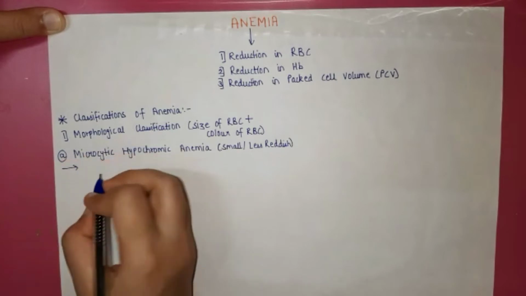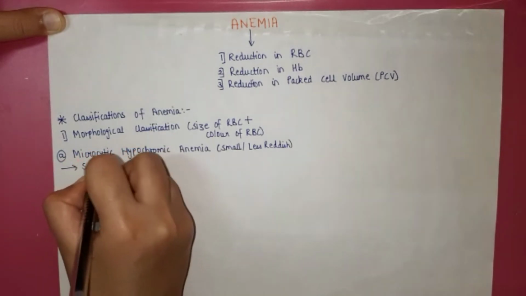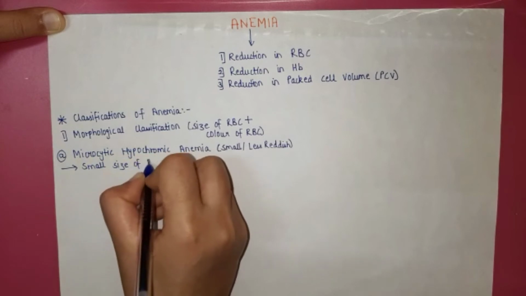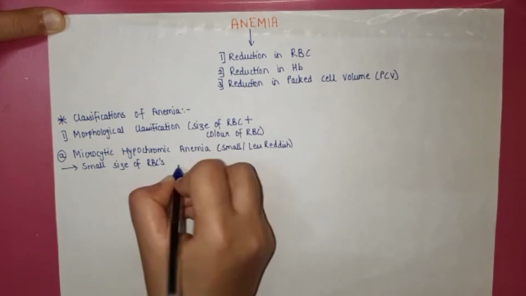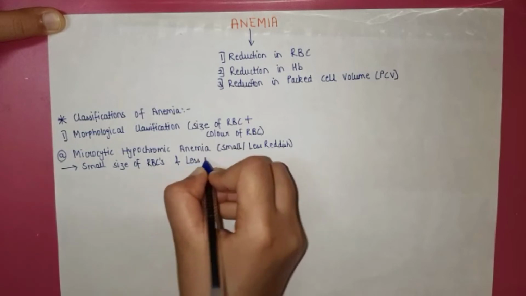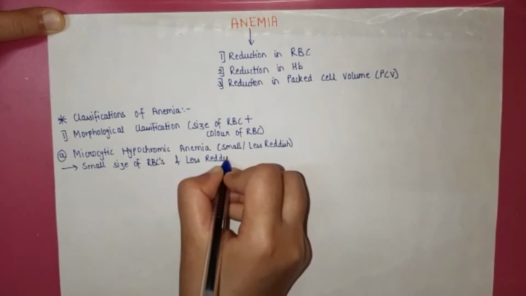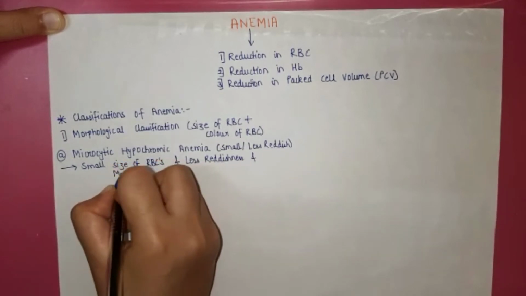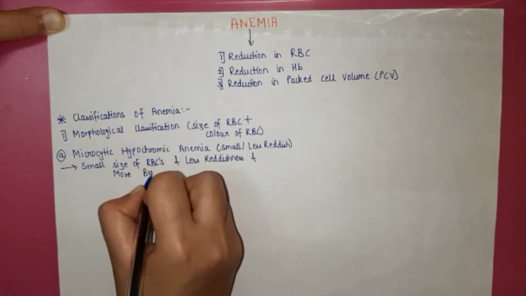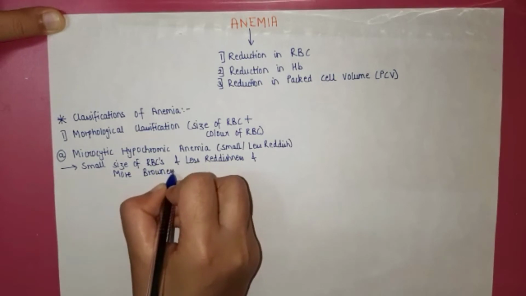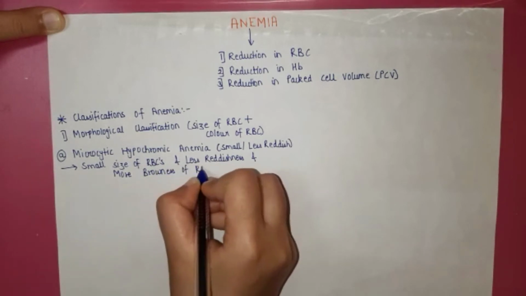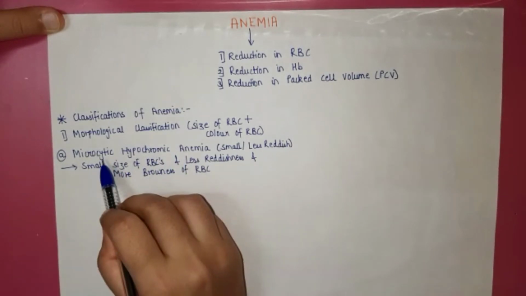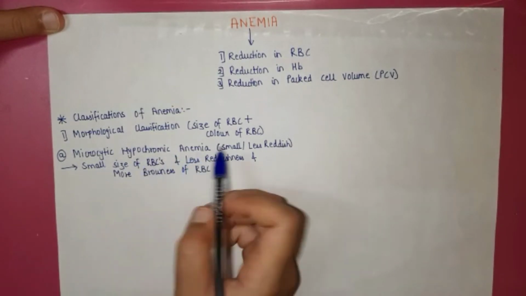So, in this type, the small size of RBCs and less reddishness and more brownness of RBCs causes this type of anemia, that is the microcytic hypochromic anemia.